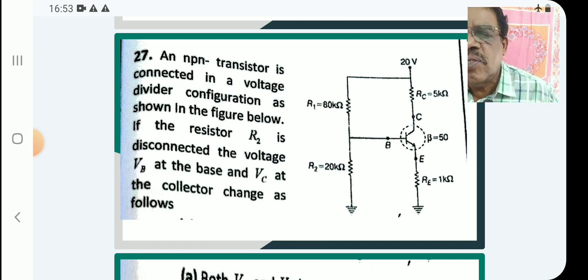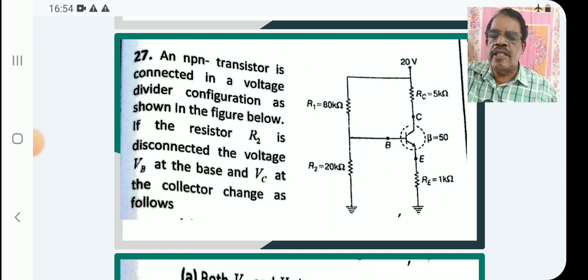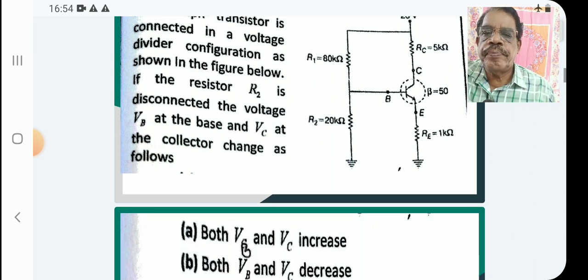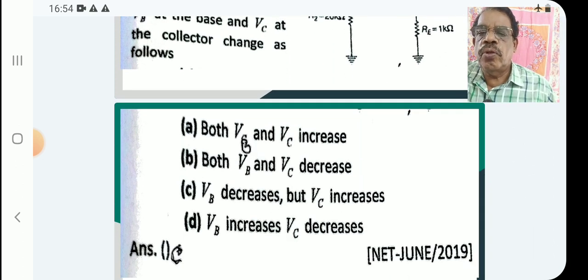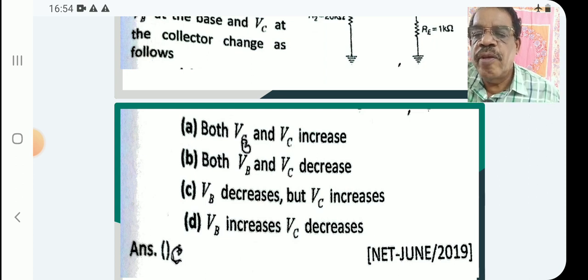If R2 is disconnected, the voltage VB at the base and VC at the collector change as follows: A, both VB and VC increase; B, both VB and VC decrease; C, VB decreases but VC increases; D, VB increases, VC decreases. The answer is C.